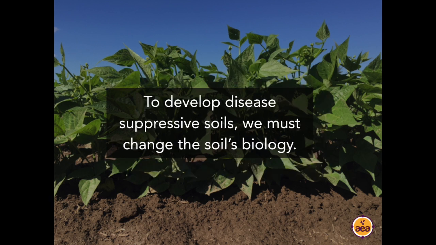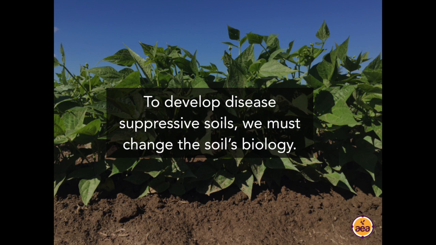So if we want to develop soils that are called disease suppressive soils that can prevent the infection of these diseases, it's not a question of planting disease resistant varieties. It's not a question of growing a crop rotation that doesn't offer a host to the pathogen.